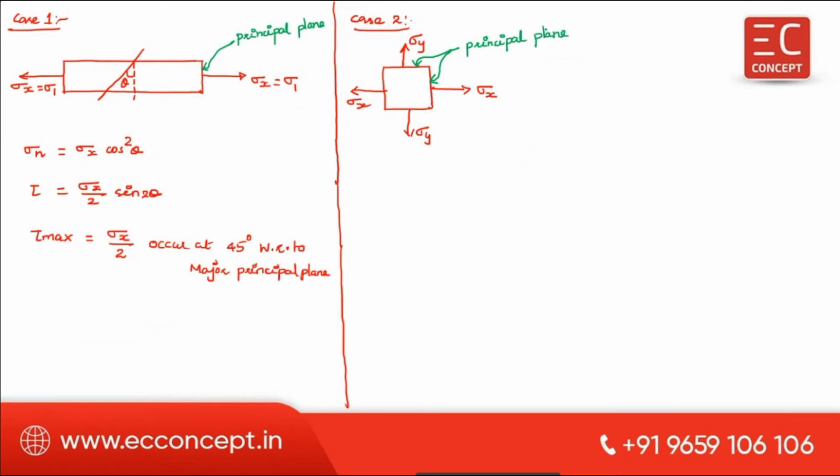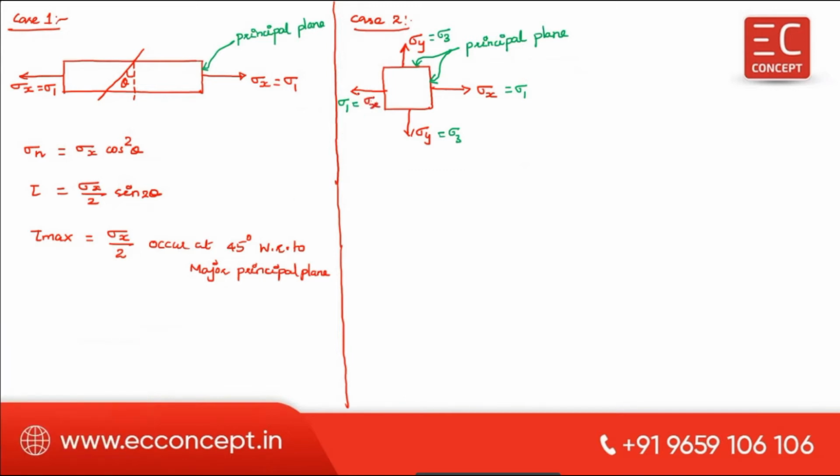Why principal planes? Because in these two planes there is no shear stress acting. So therefore we can take this as sigma 1, and this we can call sigma 3.